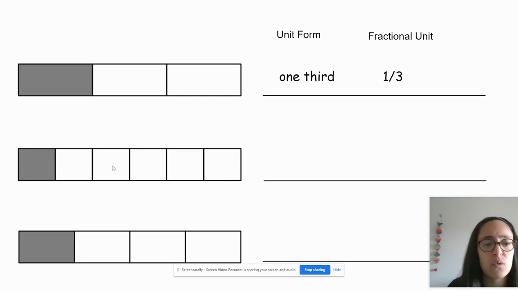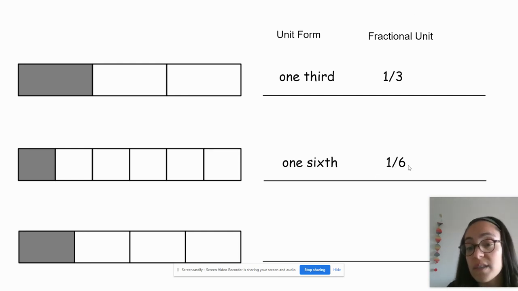So I have 1, 2, 3, 4, 5, 6 pieces. So my denominator must be 6. And I see that 1 part is shaded in here, so I know that I get 1 piece out of 6. So I could write 1/6 or my fractional unit as 1/6.